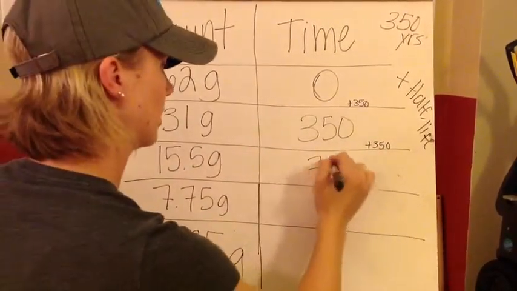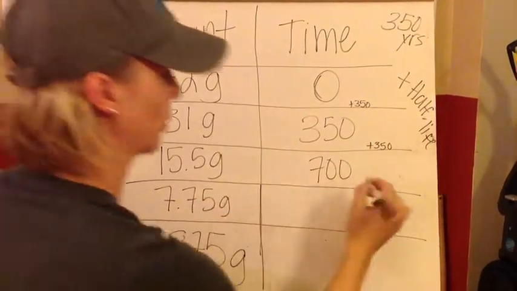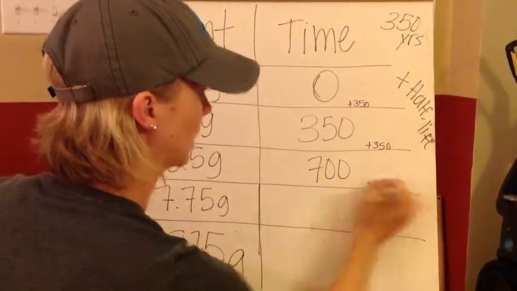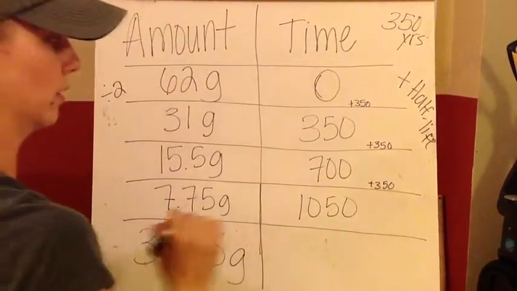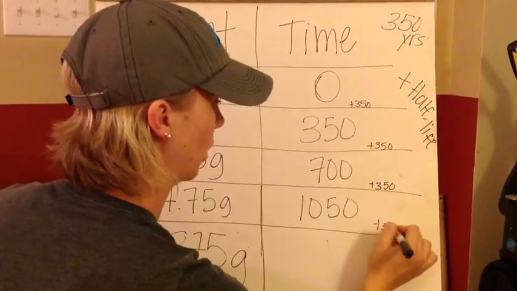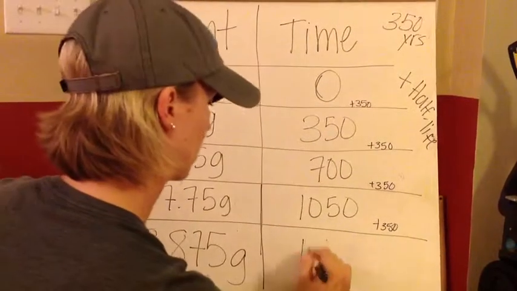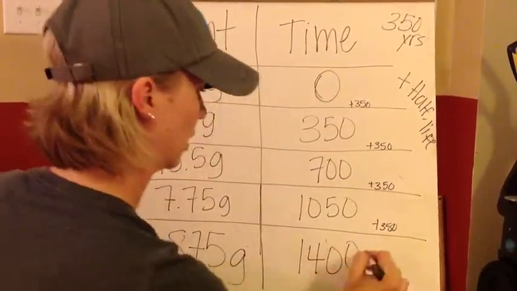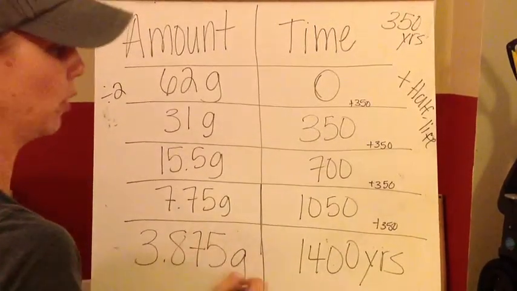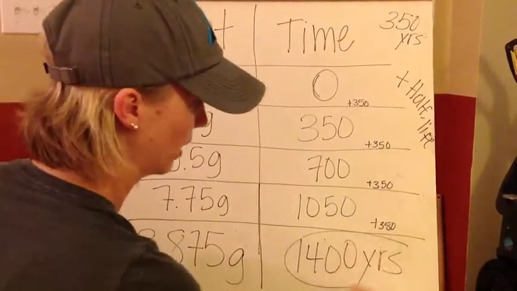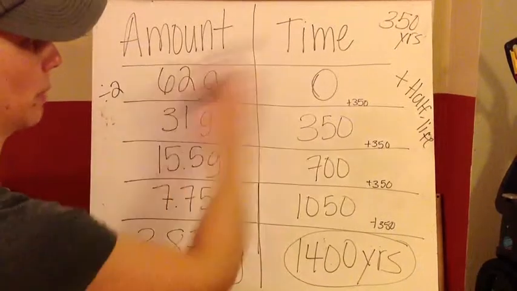This gives us 700. We add 350 again, we get 1,050. We add 350 one more time, and that gives us 1,400. So our answer to the problem of how much time has passed, how old that fossil is, is 1,400 years based on our chart.